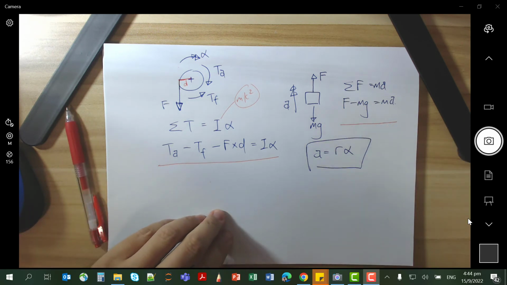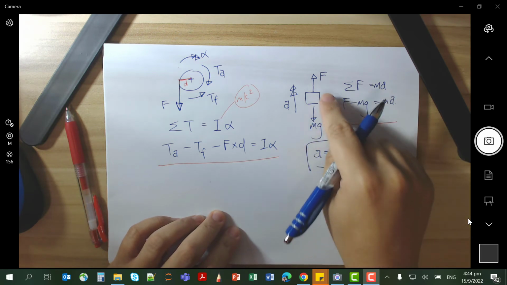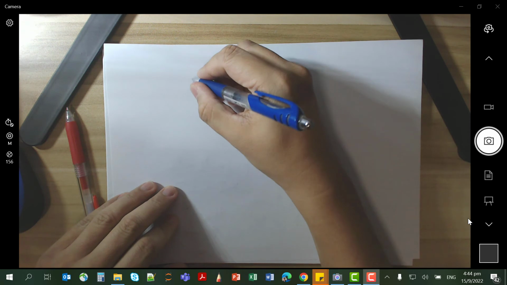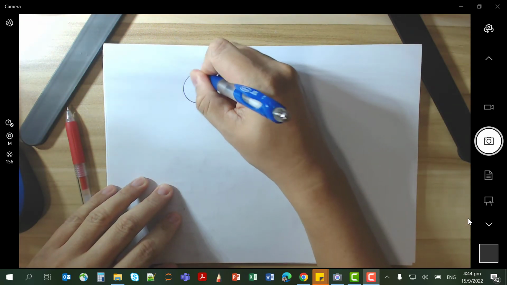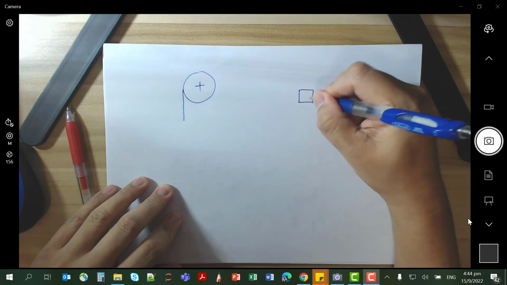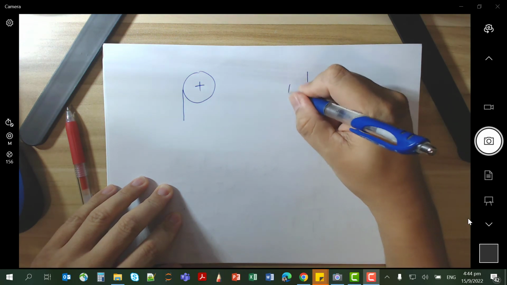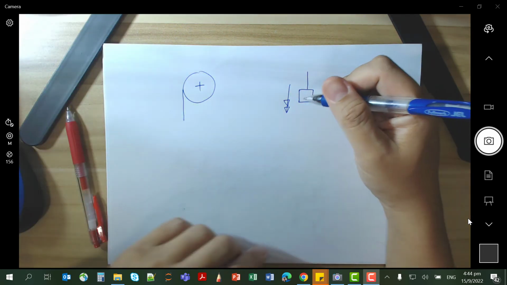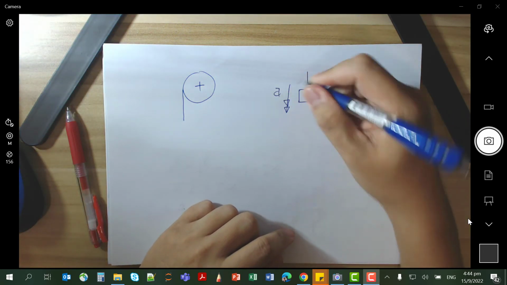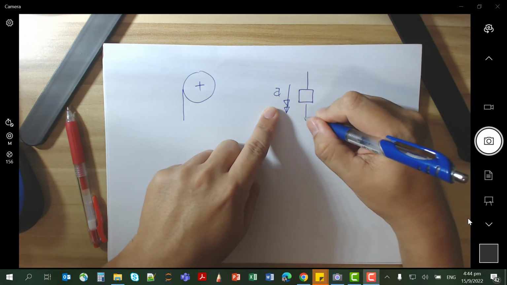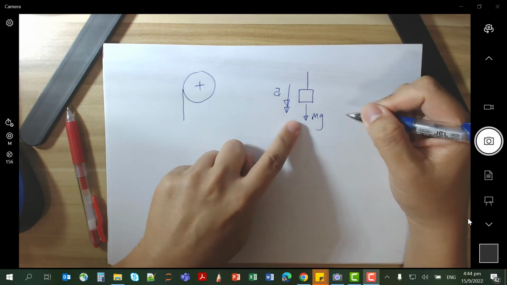Another situation, what if now the object is going down? How do you visualize when your drive shaft is moving the object downwards, meaning lifting it, putting it down to the floor? So my a will be in this direction. mg remains the same.